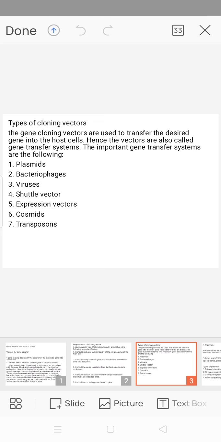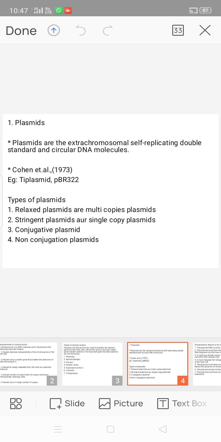First one, plasmids. Plasmids are extra chromosomal self-replicating double-stranded and circular DNA molecules, and they are present in bacterial cells.